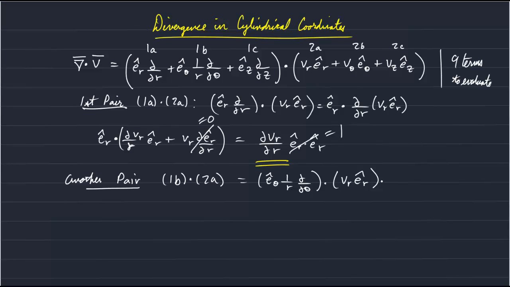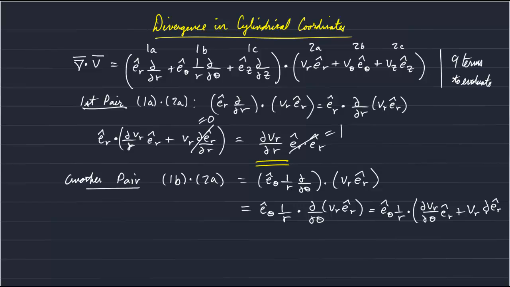And again, applying the derivative first before the dot product, this gives e hat theta 1 over r dotted with the partial derivative with respect to theta of Vr e hat r, and that's equal to e hat theta 1 over r dotted with the partial derivative of Vr with respect to theta e hat r plus Vr times the derivative of e hat r with respect to theta.